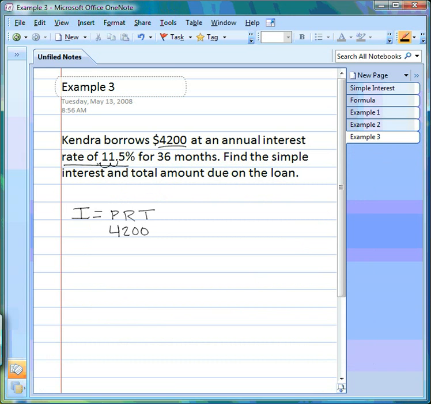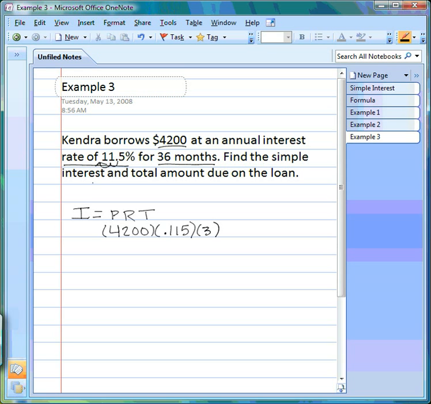Move our decimal point 2 to the left so that we know we have 0.115 for 36 months. Now 36 months has to be changed into years because our time needs to be in years. So 36 months divided by 12, because there's 12 months in a year, equals 3 years.